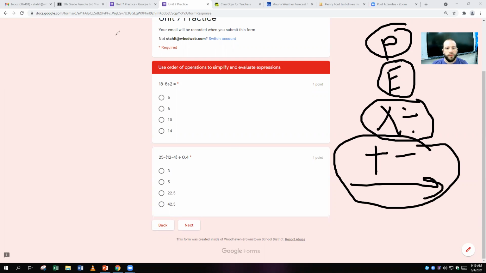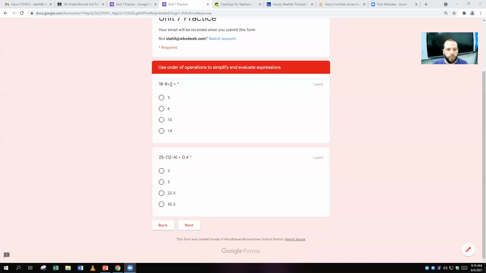So here, first thing that we would do is work on 8 divided by 2. And 8 divided by 2 is 4. So then we have 18 minus 4, and 18 minus 4 is 14.